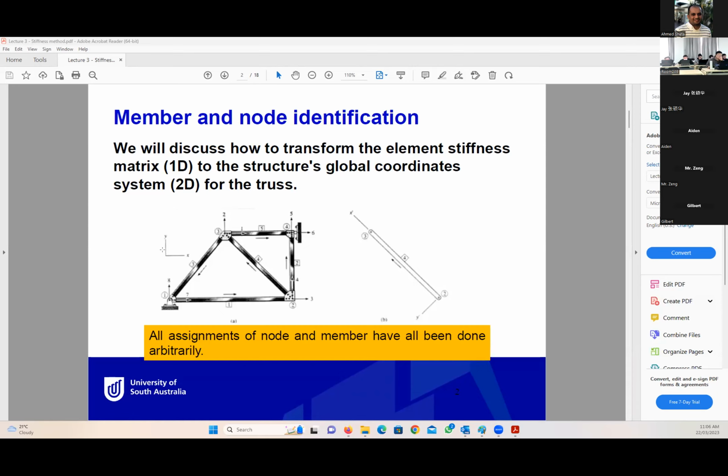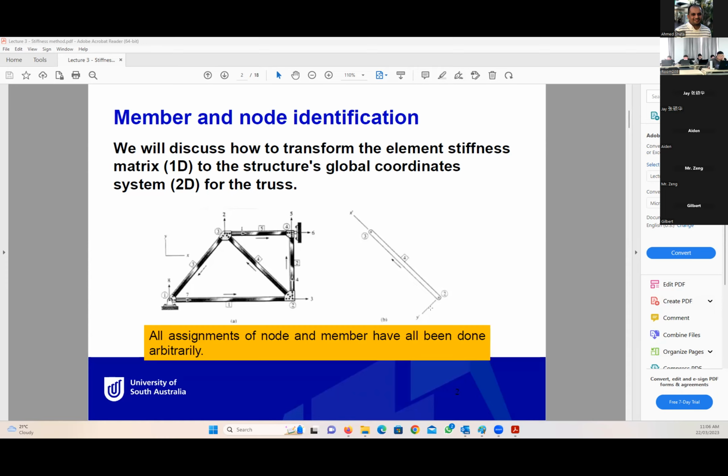Look, for the global axis, x will always be horizontal and y will be vertical. X is going to the right, y is going up. But for the local coordinate system, we have a system of coordinates matching with each member. So this member is inclined, so x dash is inclined because it is the axis parallel to the member.